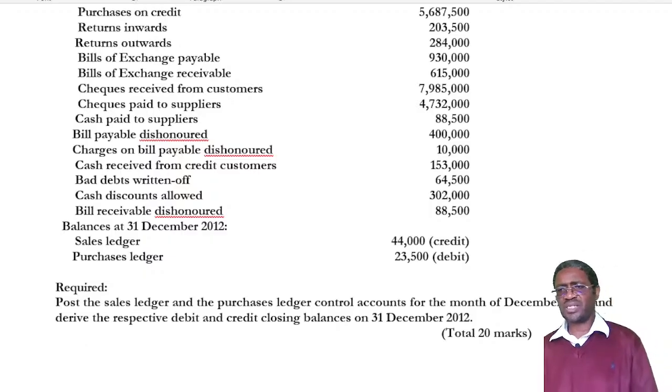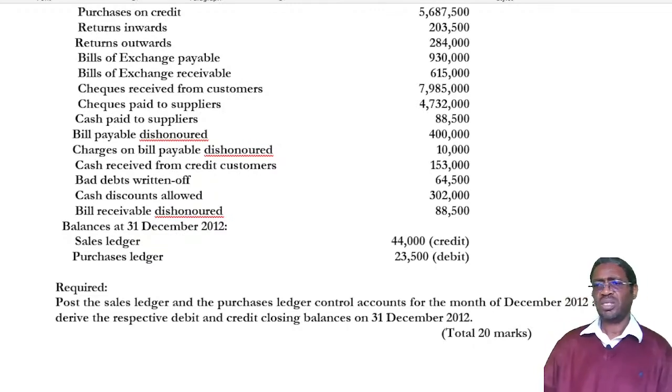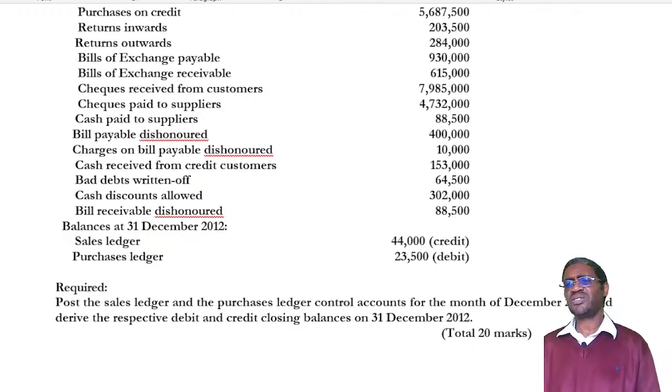Checks paid to suppliers, then you have cash paid to suppliers, bills payable dishonored, charges on the bills payable dishonored, cash received from credit customers, bad debt written off, cash discount allowed, bills receivable dishonored.